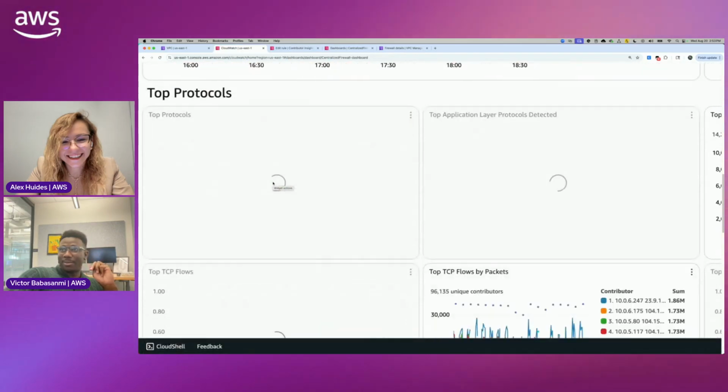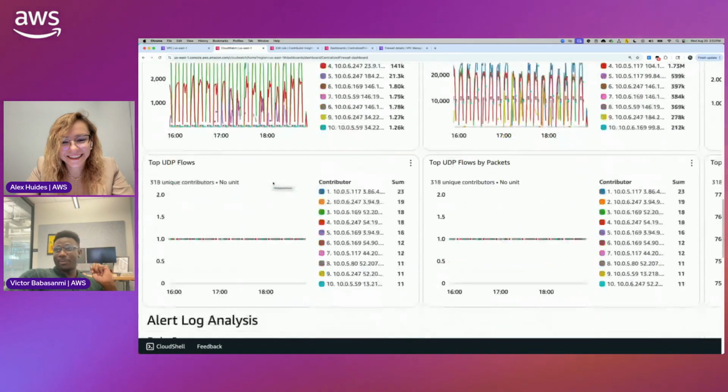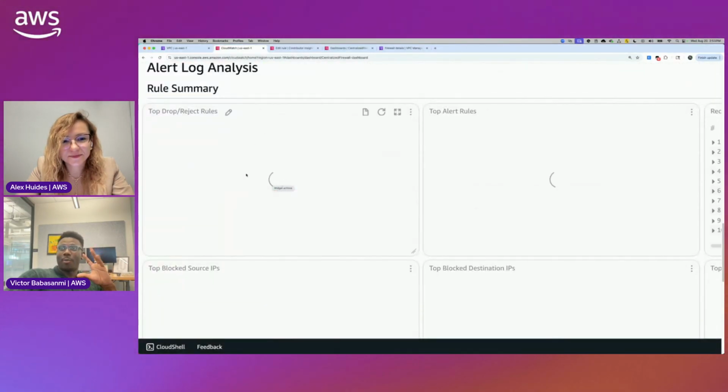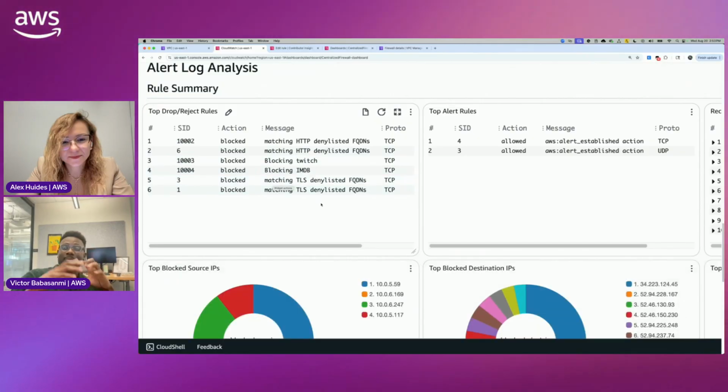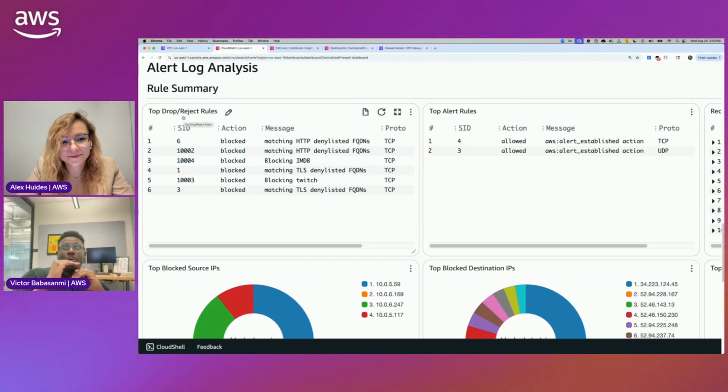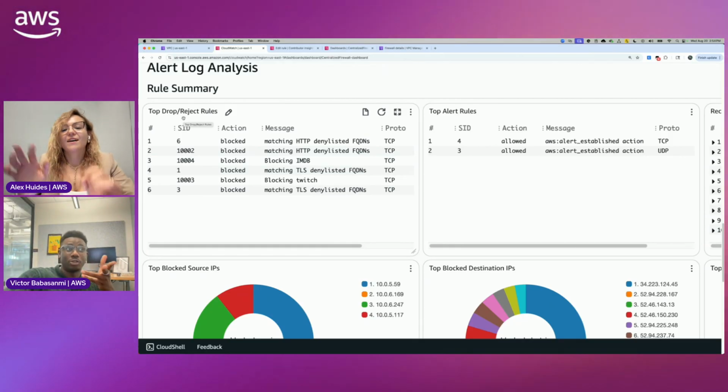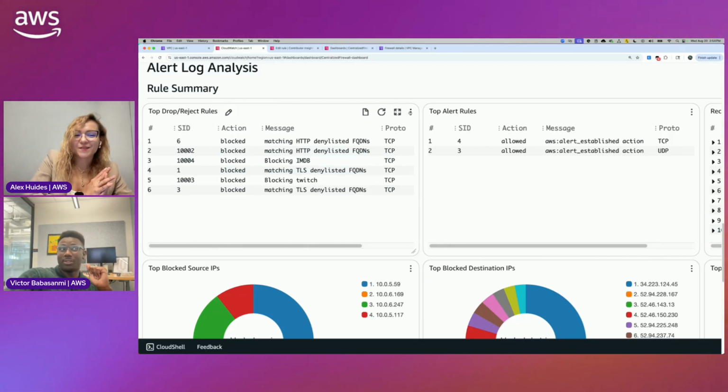The third thing is Logs Insights. A couple of the widgets that I have here are basically getting insights from the logs. Here is an example of a widget that is looking at my network firewall rules to see which of those rules is dropping the most traffic, or blocking the most traffic. Oh, right? This is so cool. Yeah.